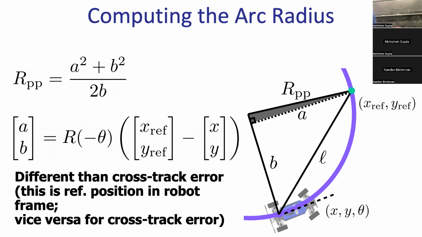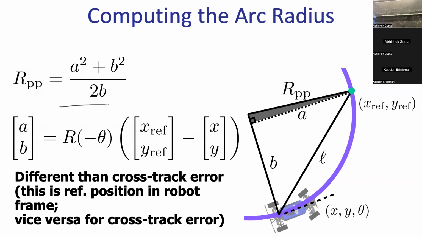If you remember what our rotation matrix was, R for some theta is cosine theta, minus sine theta, sine theta, cosine theta. We know what x ref, y ref are. So now we've expressed A and B in terms of known quantities. Let's consolidate again. We've said RPP is A squared plus B squared divided by 2B.